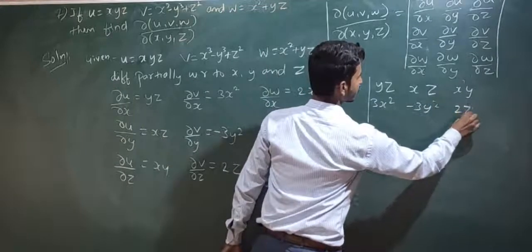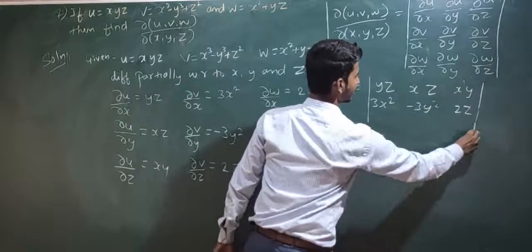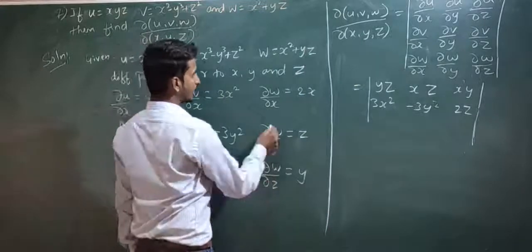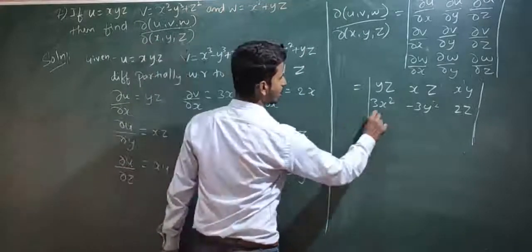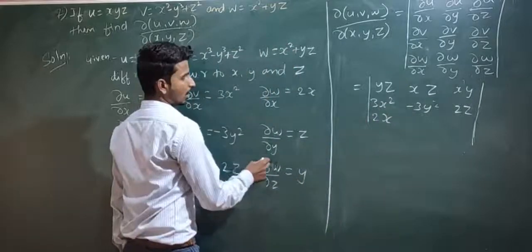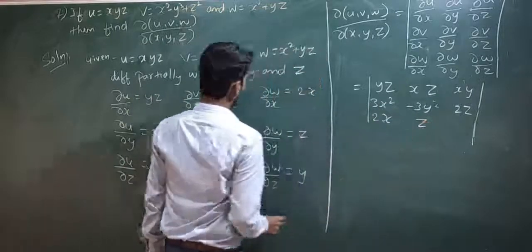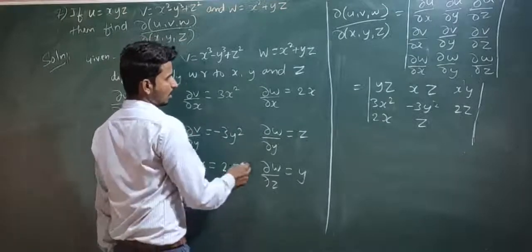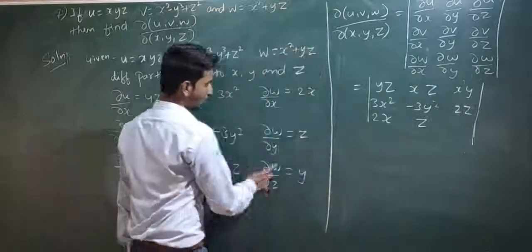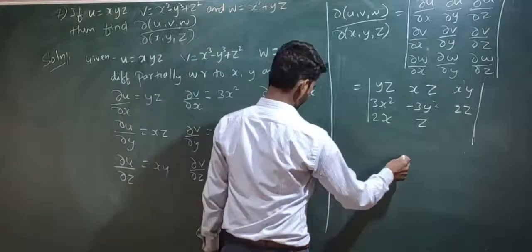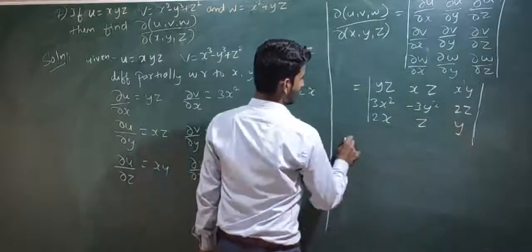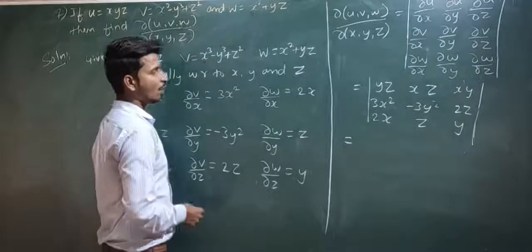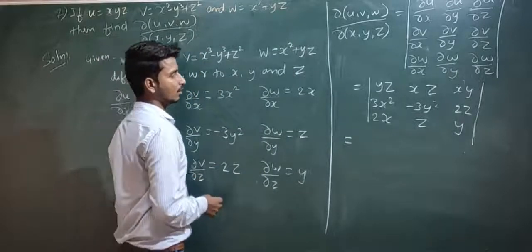Next ∂w/∂x is 2x, ∂w/∂y is z, and ∂w/∂z is y. Now we have to solve this determinant.